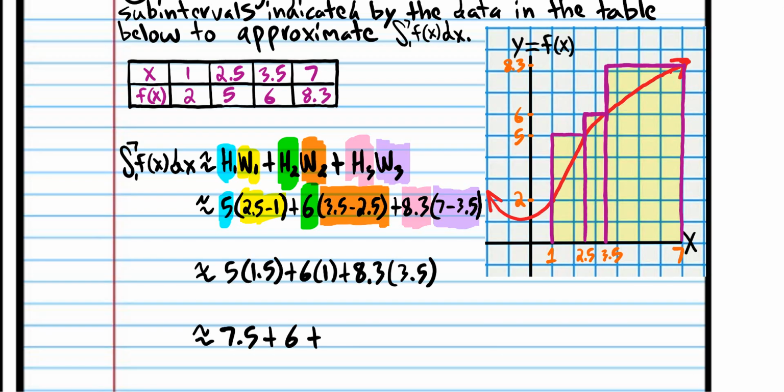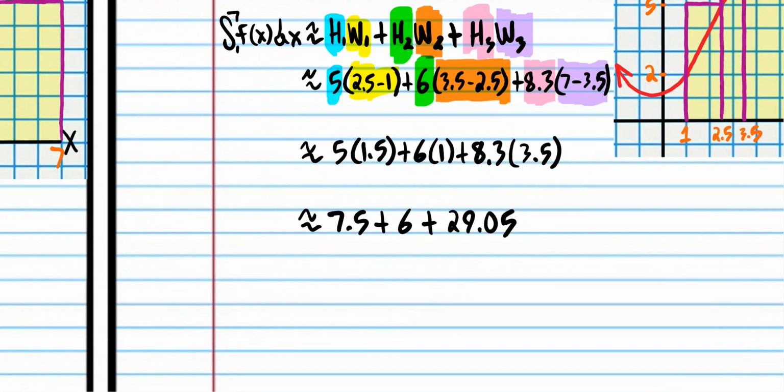Then we have 6. And then 8.3 times 3.5. You can use your calculator for this. That's completely fine to use your calculator. You don't have to do this on paper. So now we just add everything up, and we get 42.55.